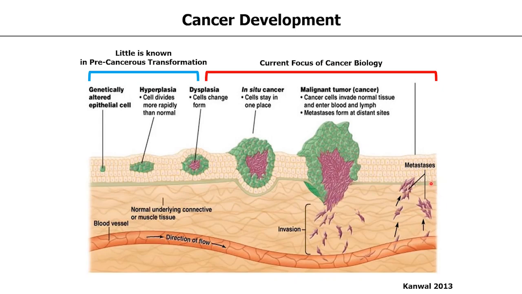And obviously, the current focus of cancer biology is on this part, whereas we have very little knowledge on the precancerous transformation because it is very, very difficult to observe what's going on in this part of the cancer development.